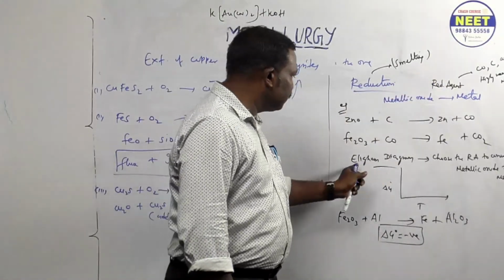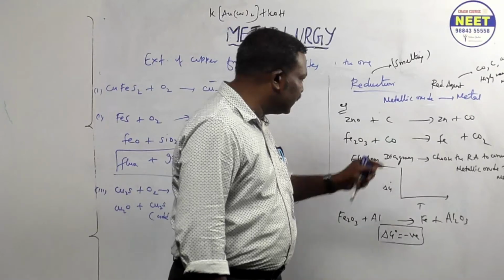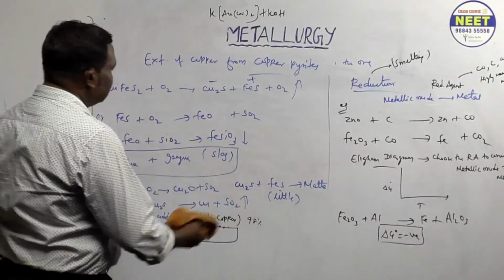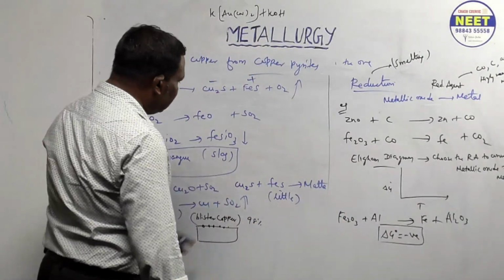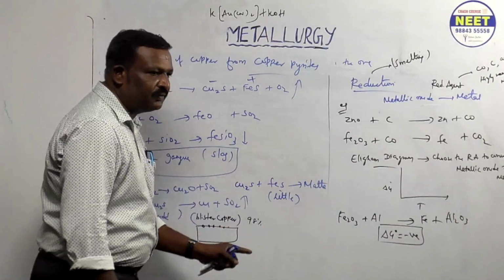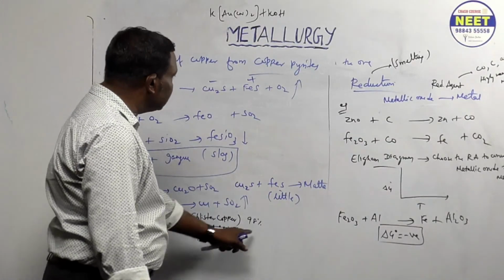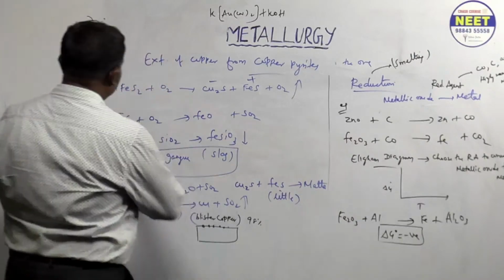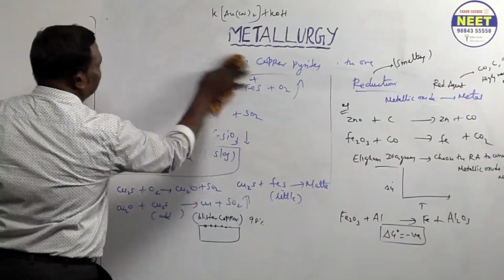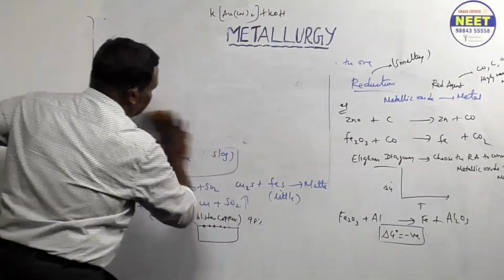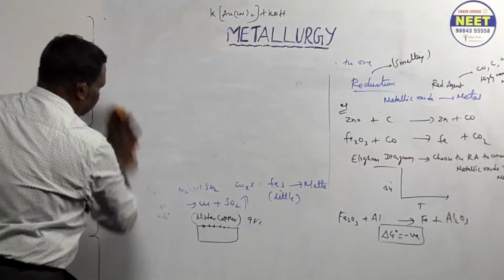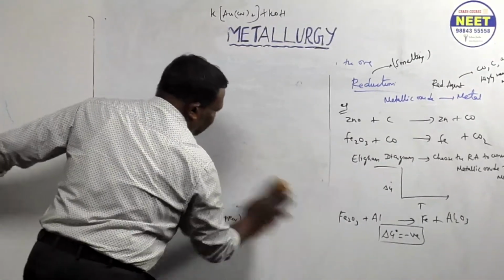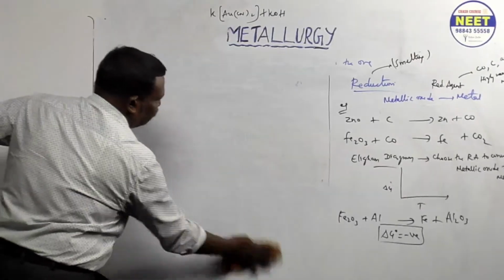What is the purpose for introducing Ellingham diagram? What is matte? Cu2S and a little amount of iron sulfide is called matte. What is blister copper percentage? One question I expect in this chapter. At least one question, not more than one. The other chapters are there.